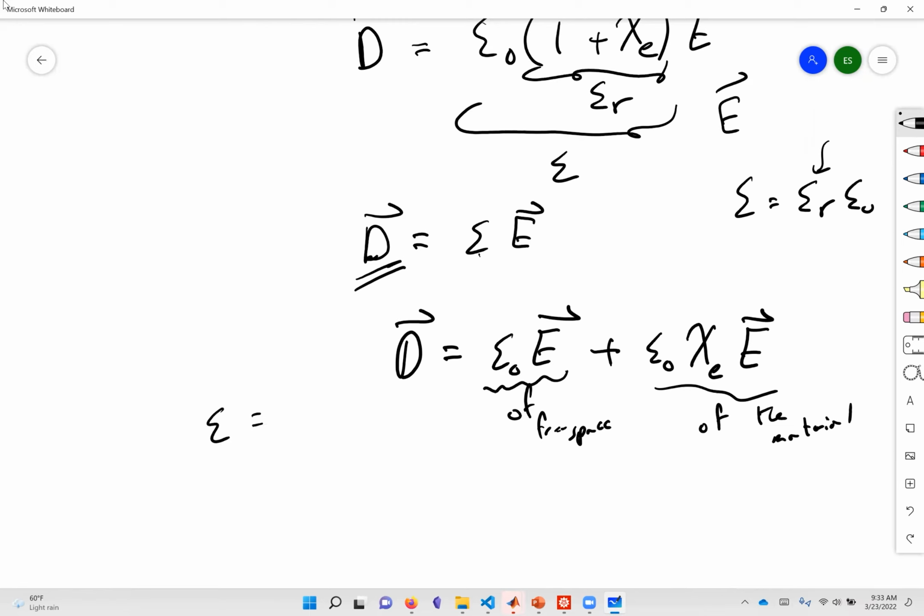For air, epsilon is epsilon naught because epsilon R is 1. For some other material like wood, glass, plastic, or paper, epsilon will be different. All right.